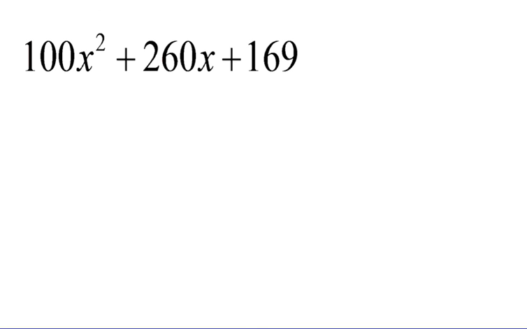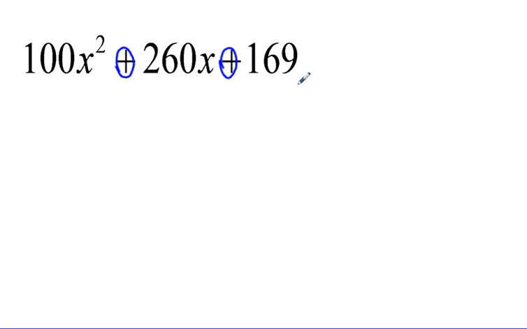100x squared plus 260x plus 169. Notice that we have two plus signs in our trinomial, as well as the first and the last term, which are perfect squares. So when I factor, the square root of 100x squared is 10x.